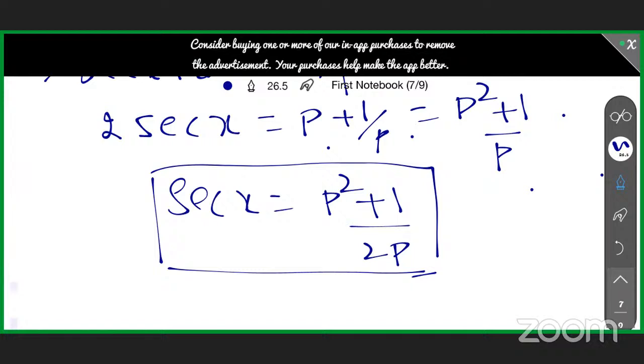Any small mistake of this sort, you will lose 4 marks. That's the reason. For your exams, it will be multiple choice as well as integer type questions. So you have to be careful, especially with integer type questions. Then we solve the next problem.